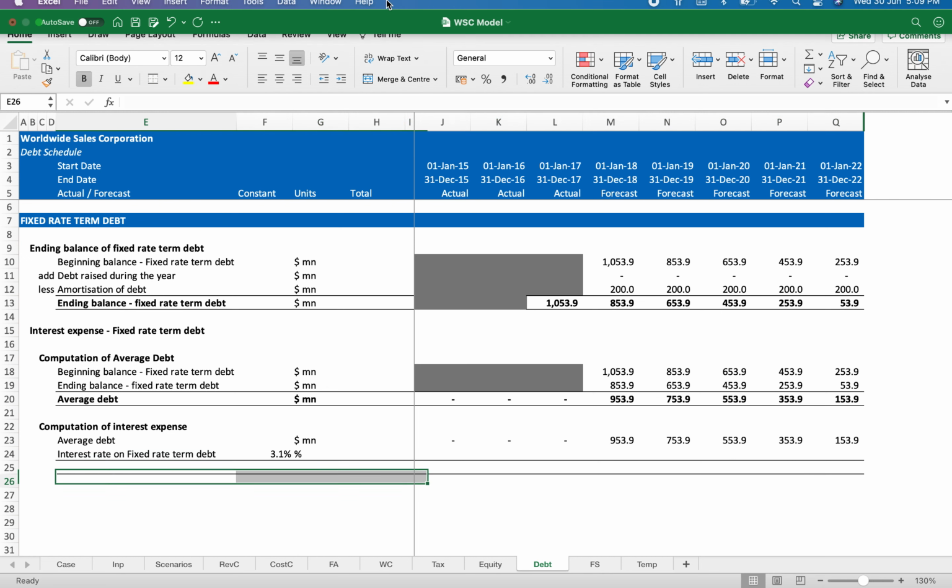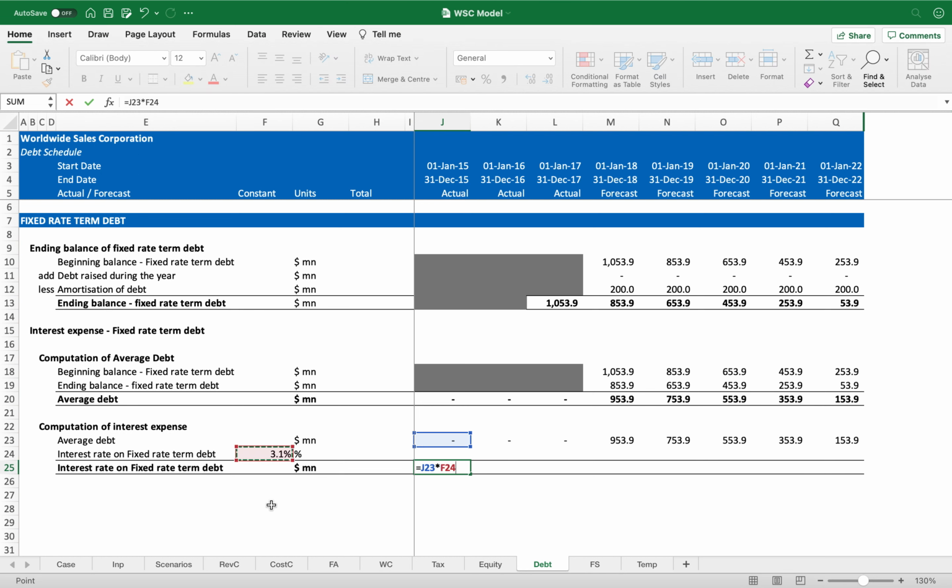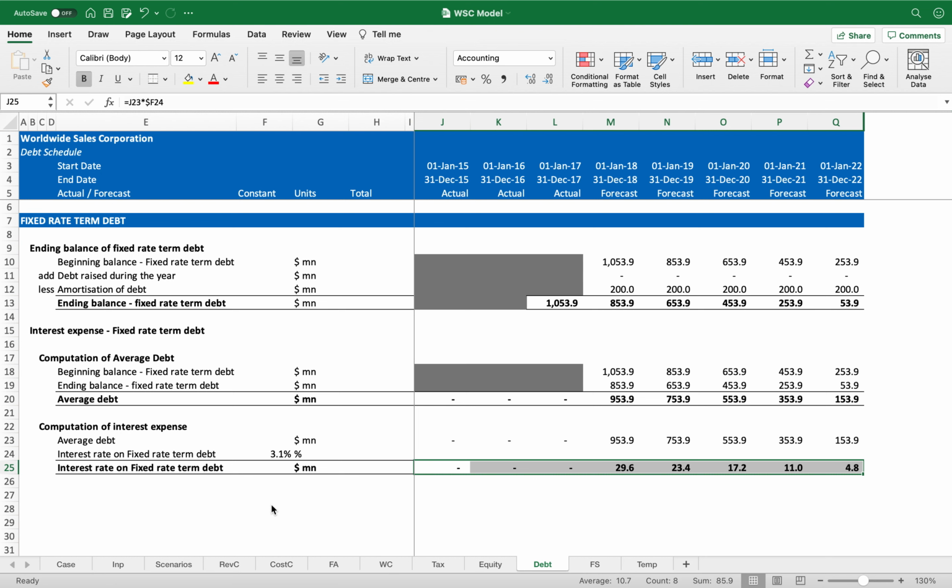And compute the interest on fixed rate term debt. Simple computation, your average debt multiplied by 3.1% and do a column freeze. Why? Because I don't want this to move. Okay. Giving you some seconds, guys. Reach till this point.